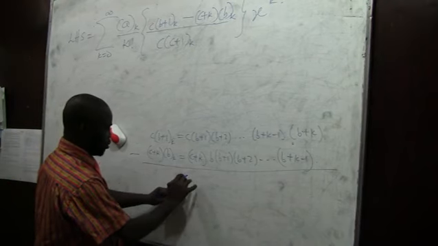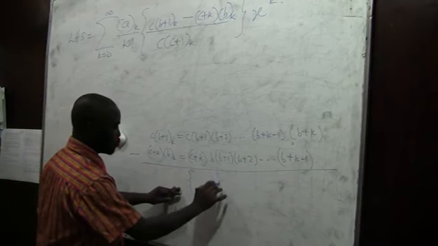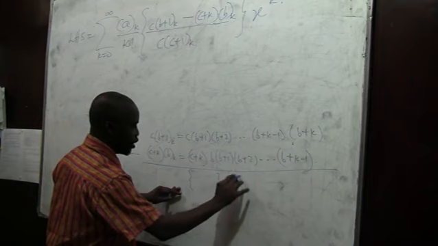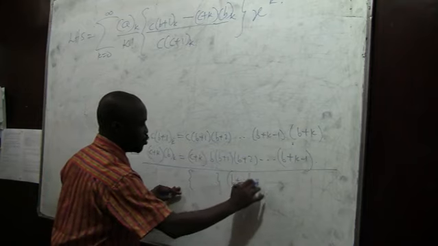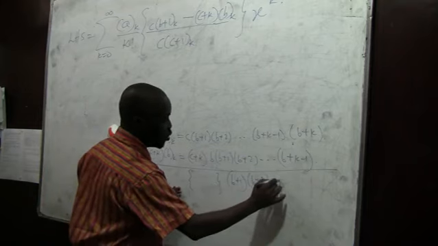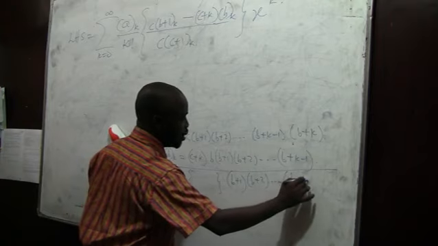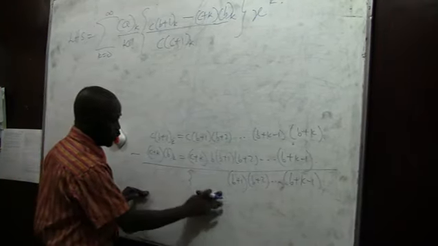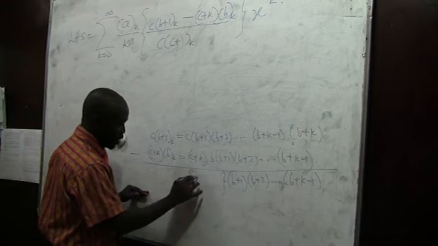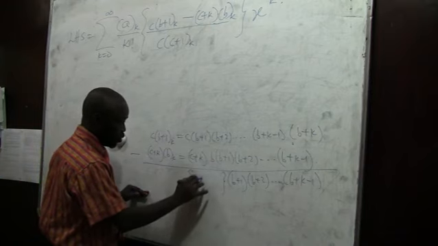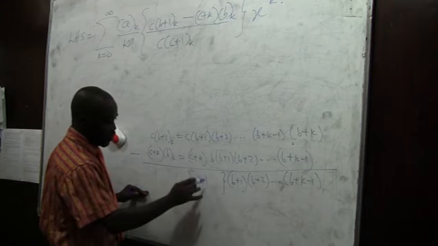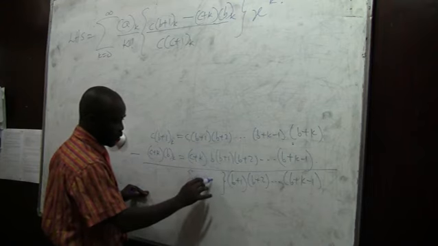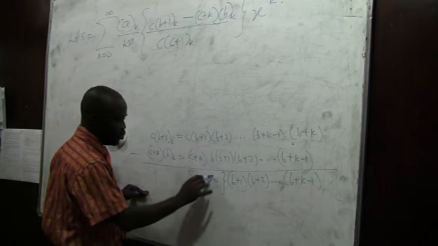We have b plus 1, b plus 2, up to b plus k minus 1 as common factors. So the first one, we are left with c into b plus k, and the second one, we are left with c plus k into b.